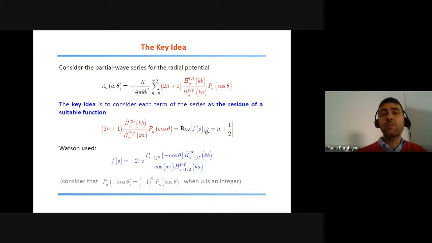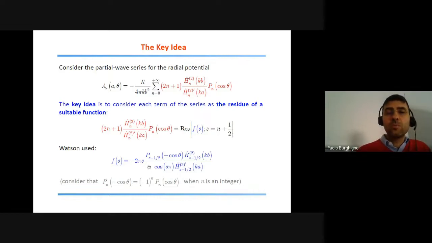Now, this function f must have poles at the locations n plus 1/2, so at the half integer abscissas along the real axis. What Watson used was this specific function f. That's not a unique choice. That's not the only possible choice for the function f.